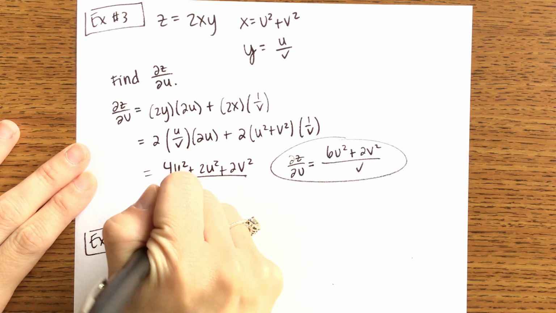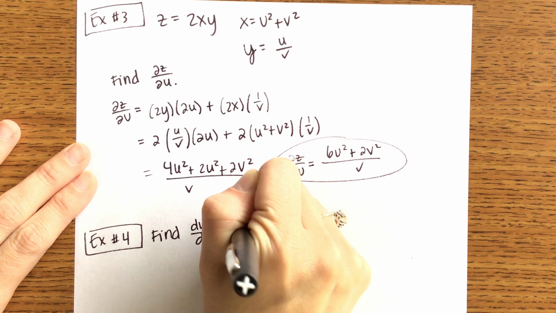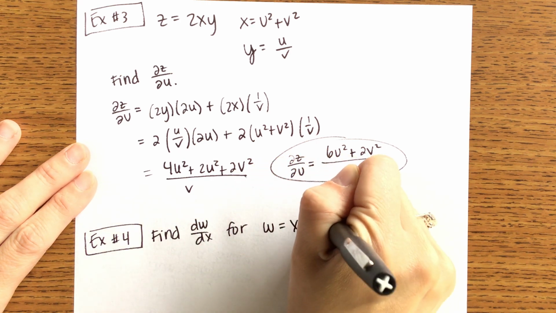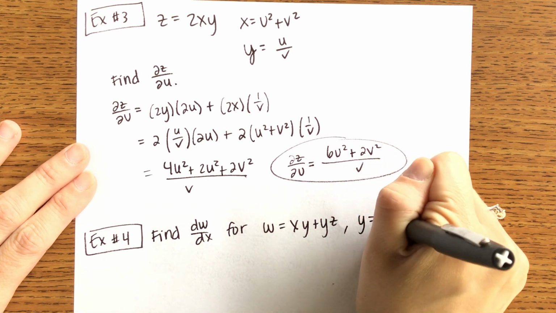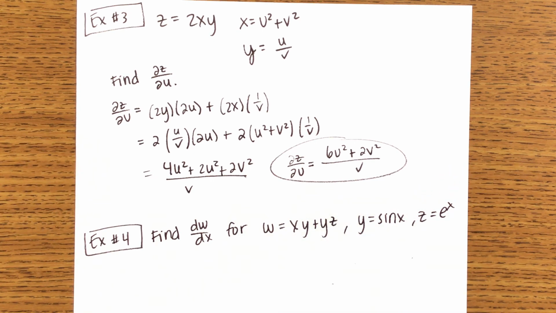Okay. So you are going to find dw/dx for w is xy plus yz, and then y is sine of x, and z is e to the x. I'm going to give you a few minutes, but here are the things I want you to do. I want you to draw a tree diagram.